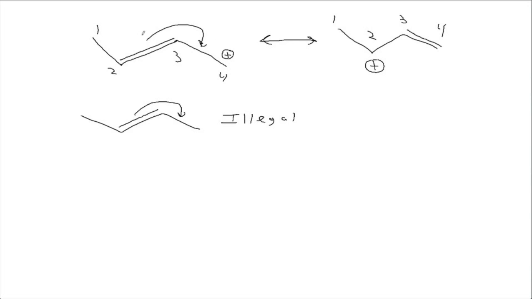Notice how that's important. If you just looked at this picture, you'd have no idea that carbon 2 was electrophilic. If you just looked at this picture, you would think, if anything, carbon 2 would be nucleophilic because of the carbon-carbon pi bond. So notice that the resonance completely changes how we think about this pi bond. What role do we expect carbon 2 to play in this picture?